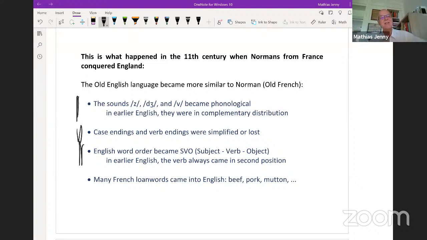But imagine a sentence where you have an adverb like today. In modern English, you still say, today I go to school. Or today I eat Chinese food. Now, in earlier English, before French influence came in, you would say something like, today eat I Chinese food.